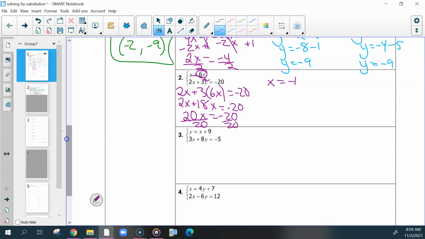You can put this into either, but the easier of the two would be the one where y is already by itself. Substitute the answer you got for x back into one of the equations you were originally given. Does not matter which one. Find your answer, and then once you have your x and your y, you can put them together.